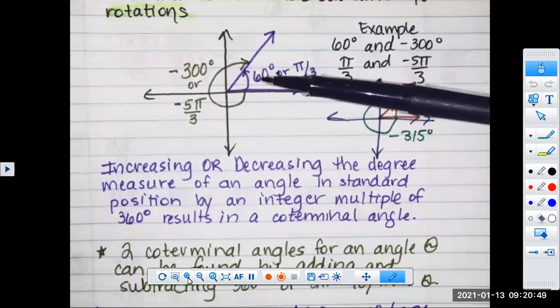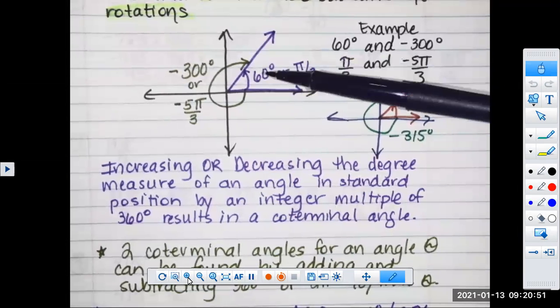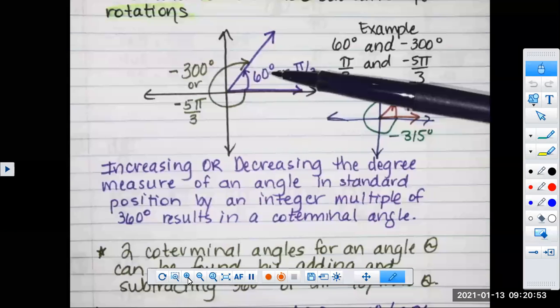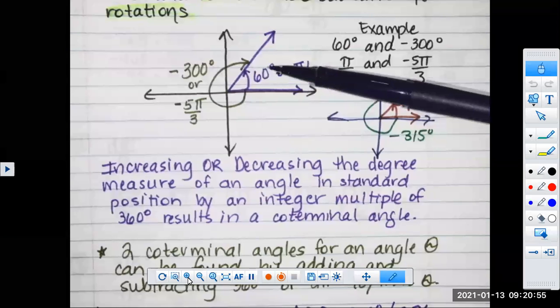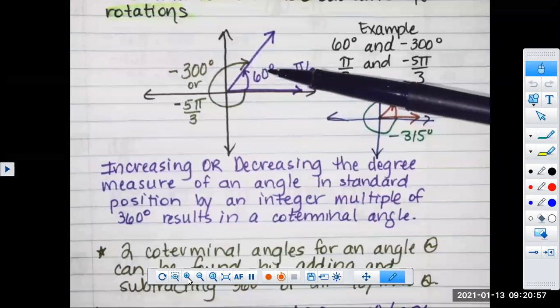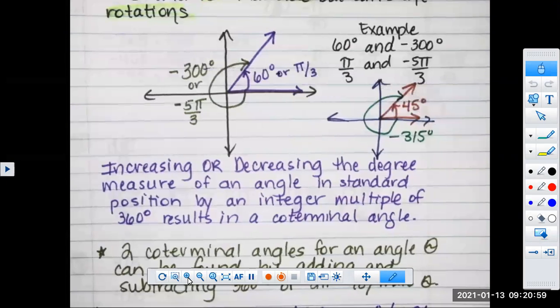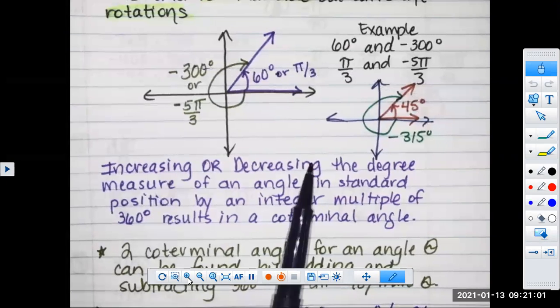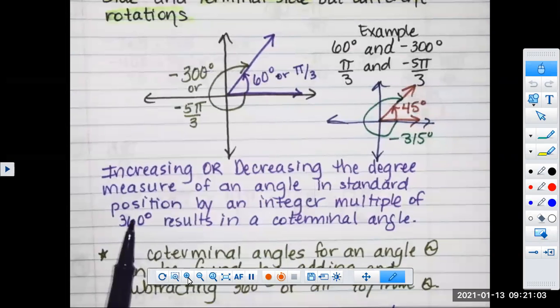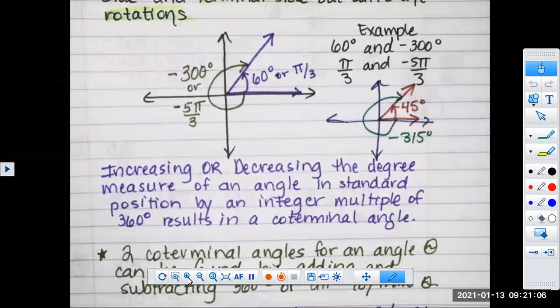So 420 would also be a coterminal angle with 60 degrees, or you can subtract 360 from that, and that's how you get negative 300. So when they say increase or decrease by a multiple of 360 to get a coterminal angle, that's all they're meaning.